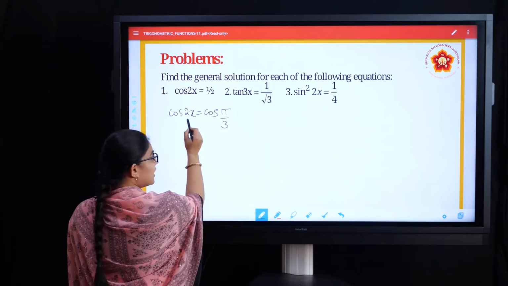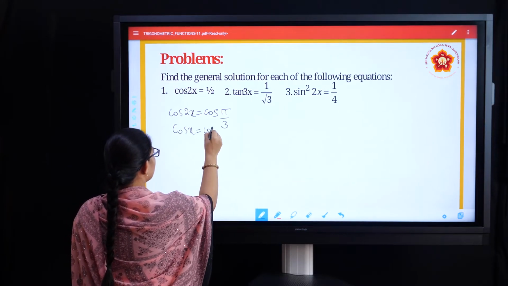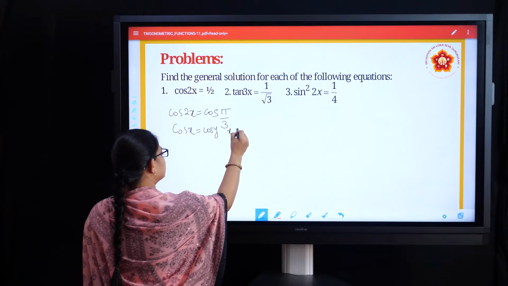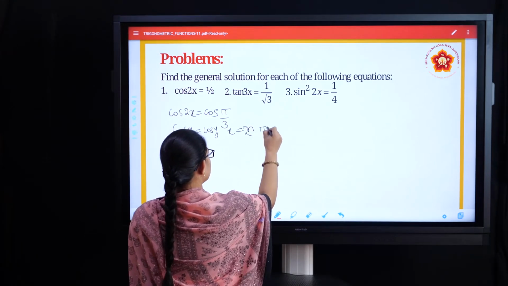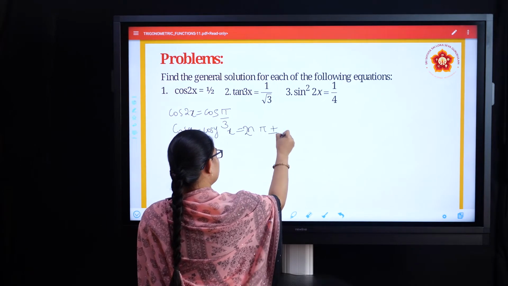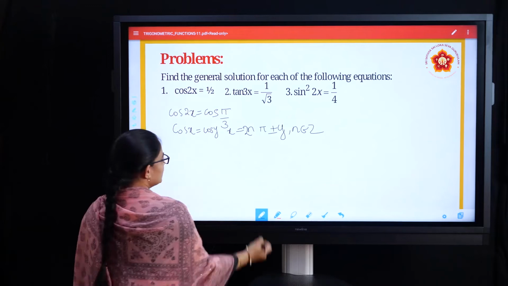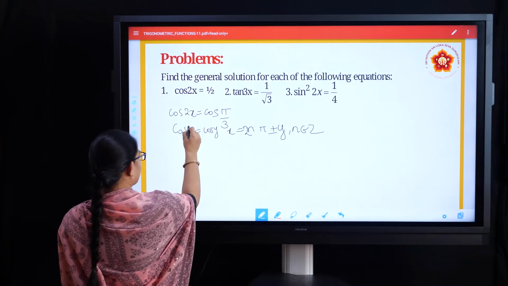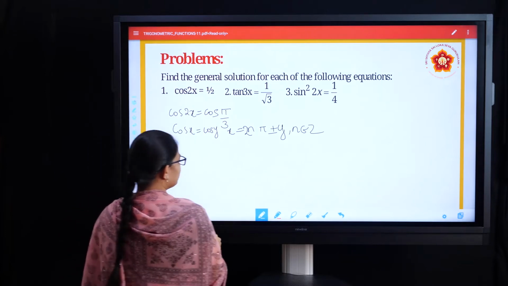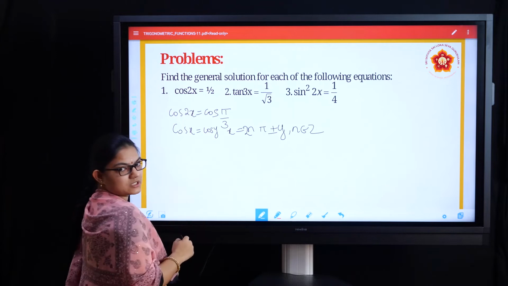Then whenever you have cos x is equal to cos y, you have the general solution x is equal to 2n pi plus or minus y for n belongs to Z. So that is for cos x is equal to cos y. So here in place of x you have 2x, and in place of y you have pi by 3.